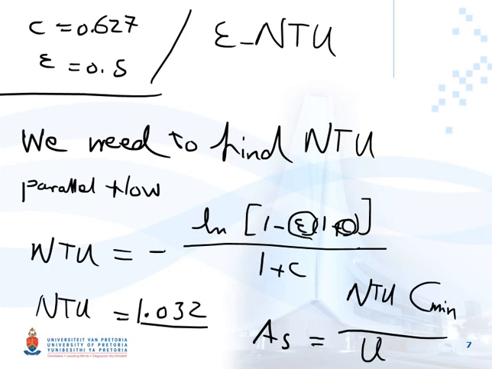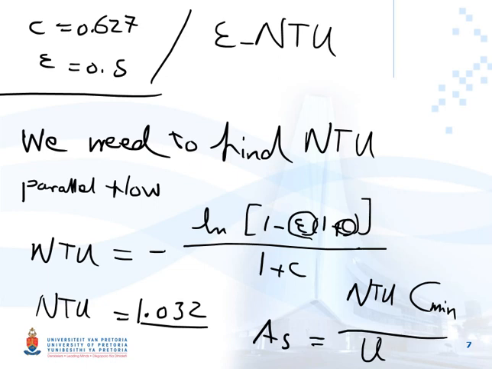It is the overall heat transfer coefficient. In this example, we were lucky that the overall heat transfer coefficient was given. Otherwise, we had to calculate it. But let's say it's not given. How are we going to calculate it? We solve one example.